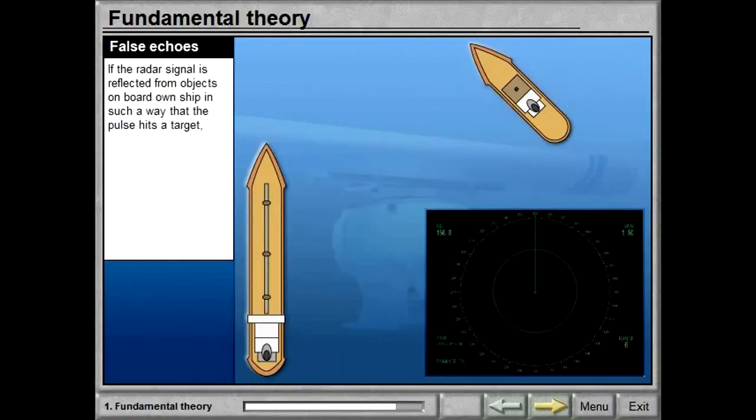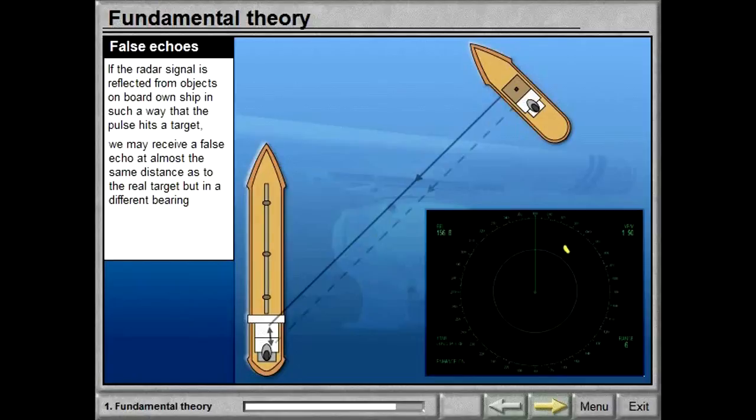If the radar signal is reflected from objects on board own ship in such a way that the pulse hits a target, we may receive a false echo at almost the same distance as the real target, but in a different bearing. This false echo will often be located in own ship's blind sector.